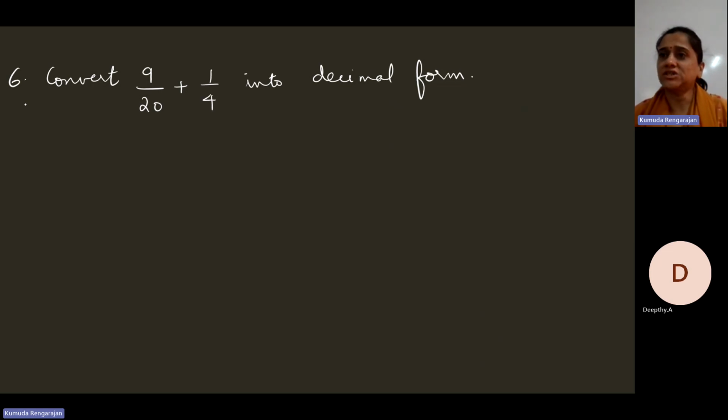So how do we add fractions using LCM? Do that first.